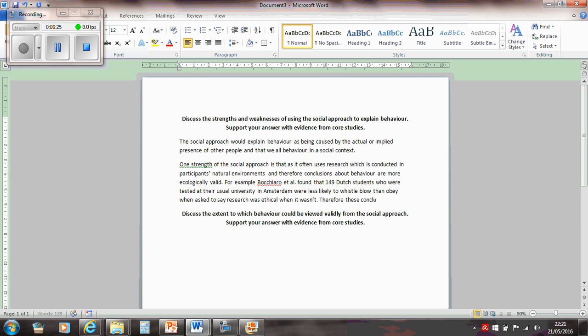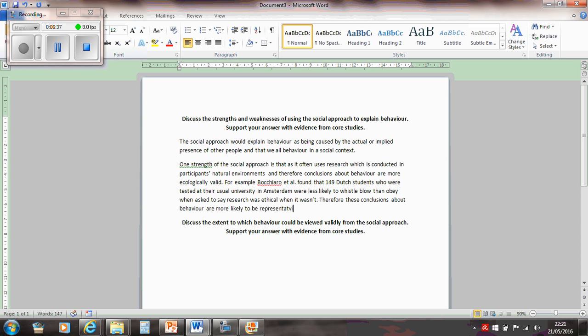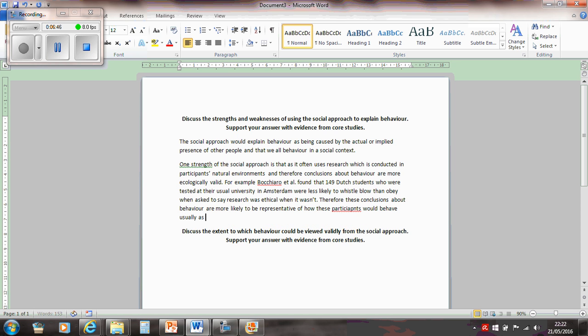Therefore, these conclusions about behaviour are more likely to be representative of how these participants would behave usually, as they're being tested in their usual environment on a task which is familiar to them.